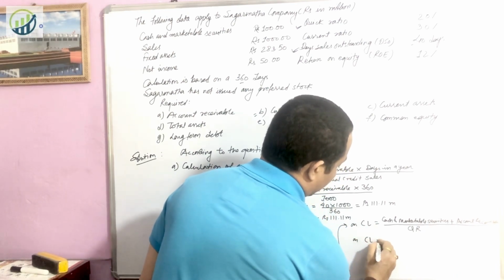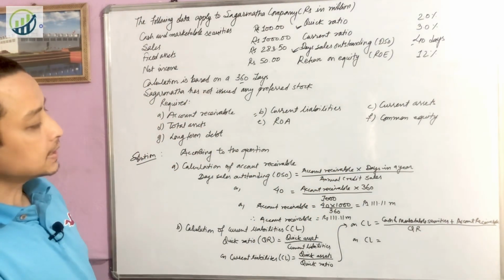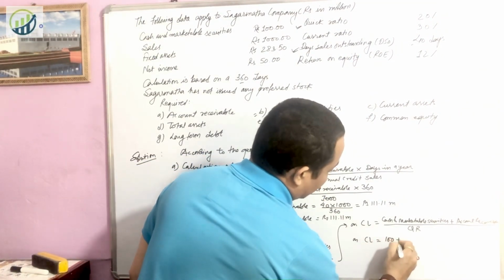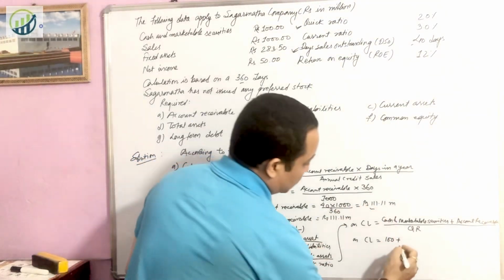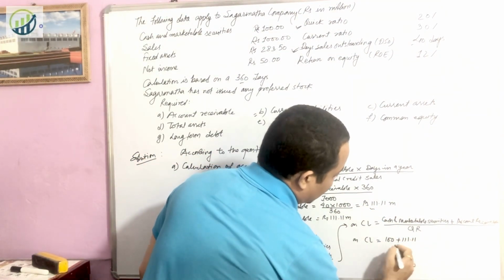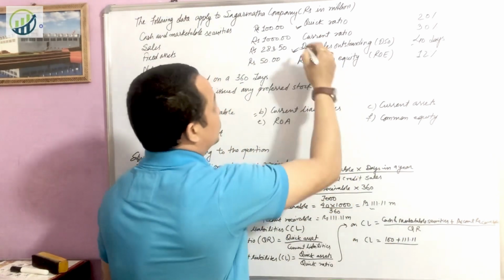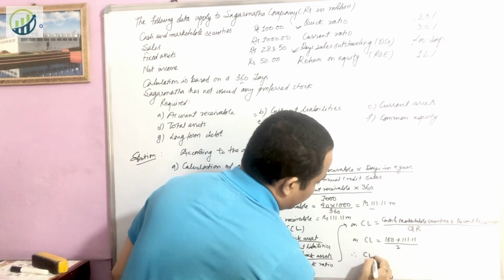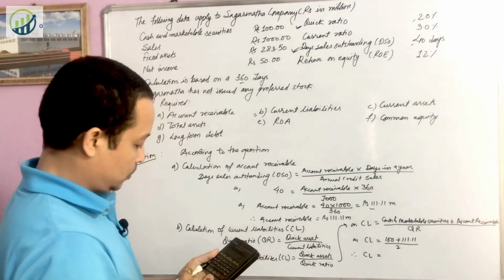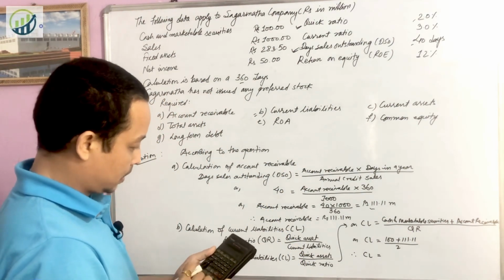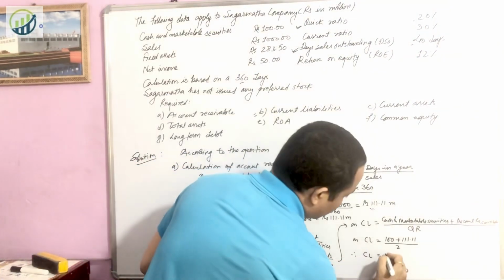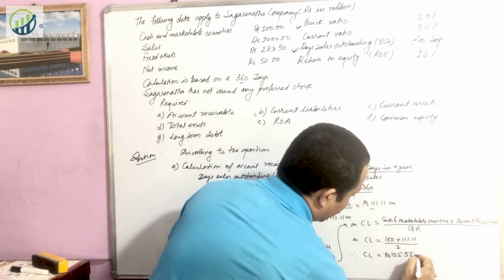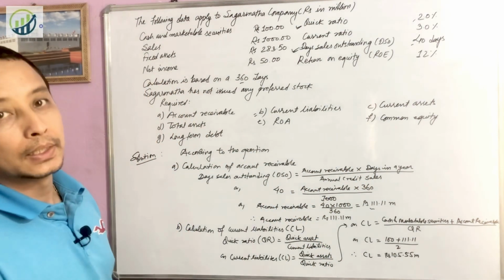Cash and marketable securities is 100 rupees plus accounts receivable 111.11, divided by quick ratio 2. Therefore current liabilities is 211.11 divided by 2, that is rupees 105.55 million.